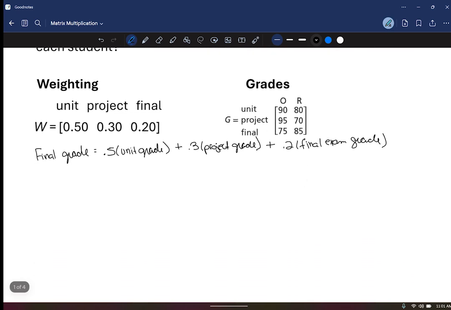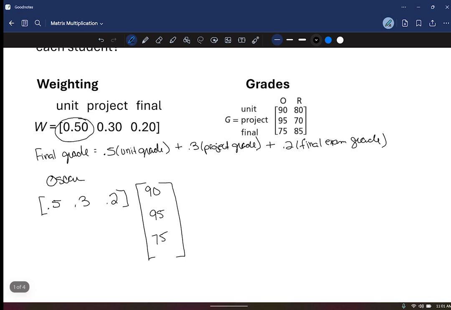So in the case of Oscar, if we were going to figure out Oscar's grade, we have this matrix that is 0.5, 0.3, 0.2. And we are going to multiply that times the column that represents Oscar. Now, if you notice, unit is in the first position here, and unit is in the first position here.